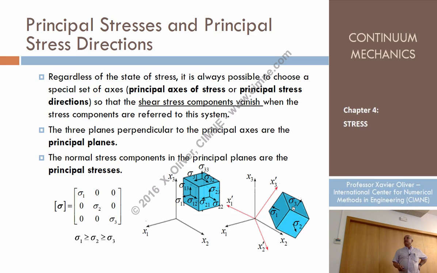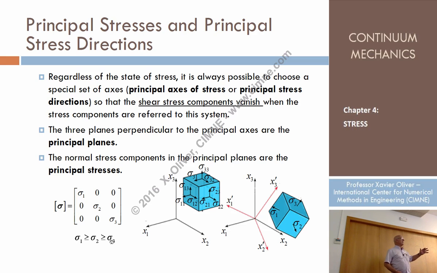And the corresponding stresses are called sigma 1, sigma 2, sigma 3 in this case, and they are unique, and they are ordered. So sigma 1 is taken the largest, because our sign criterion is that positive is larger than negative. So the largest tensile of these three stresses is sigma 1, and the smallest is sigma 3, and the intermediate is sigma 2. So we order them in this way.